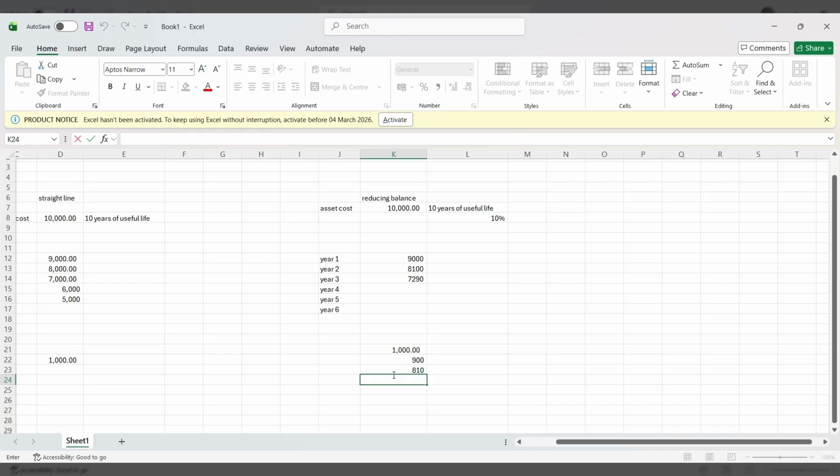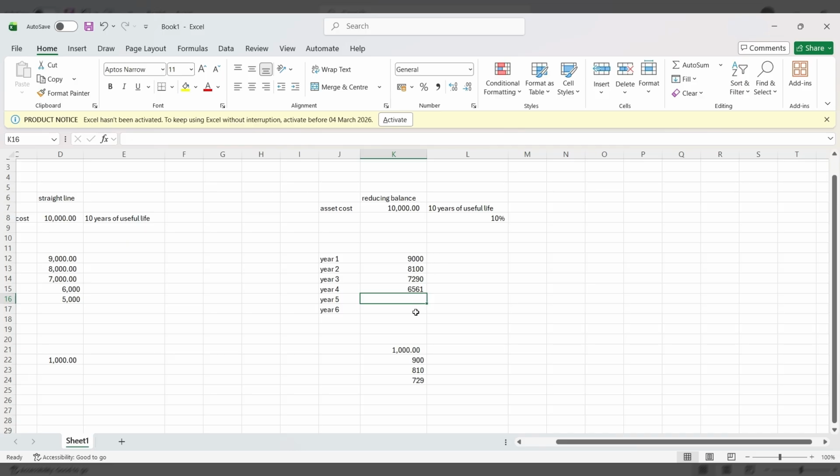I'm going to put all of my depreciation expenses here, that times 10%. And it's going to be end of year four. We're going to take the starting of year three minus the depreciation expense that we've worked out.